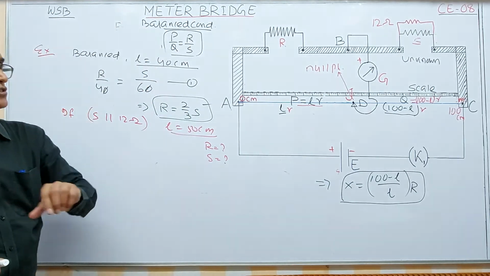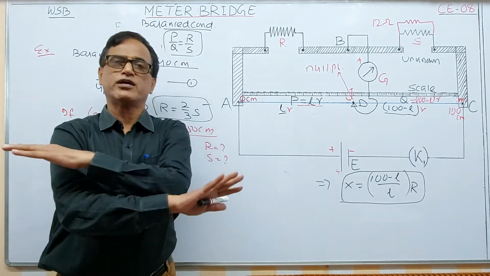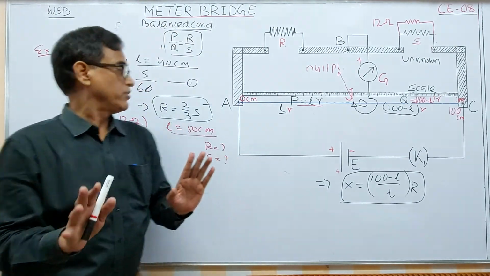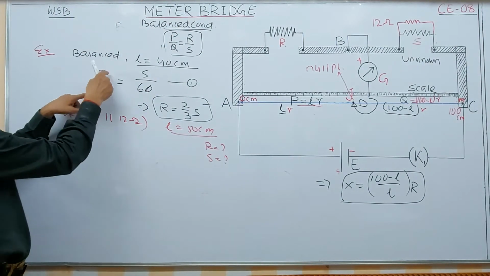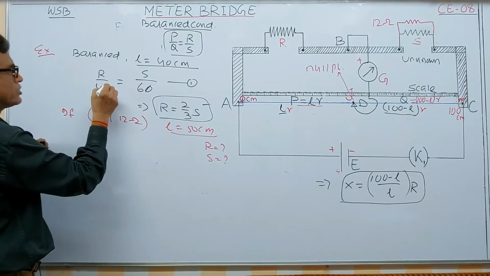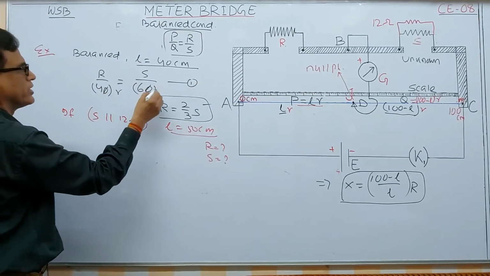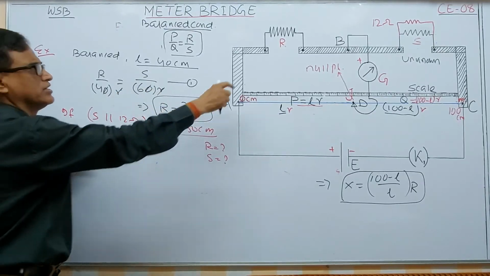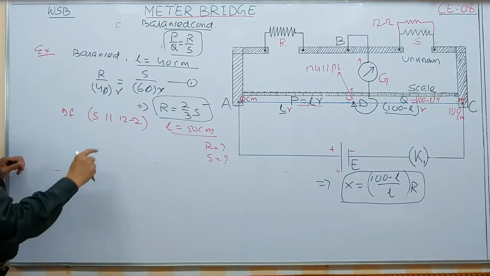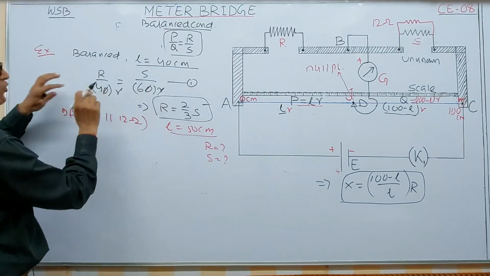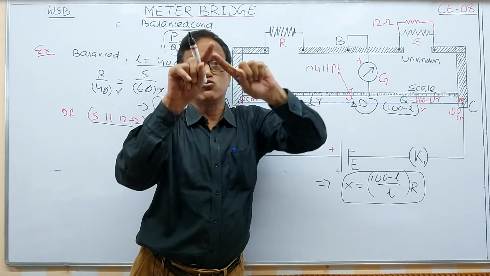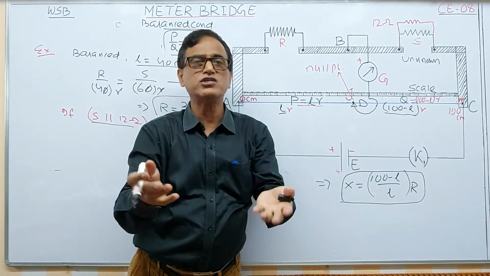The question is, there is a meter bridge balanced, balancing length is 50 centimeter. Now for 40 centimeter, you can apply R by this is equal to that by that. You don't need to multiply R by length; directly take this resistance by this length, that resistance by that length, so that the balance point is 40. When it is connected in parallel with the 12 ohm, the balance point is changed.